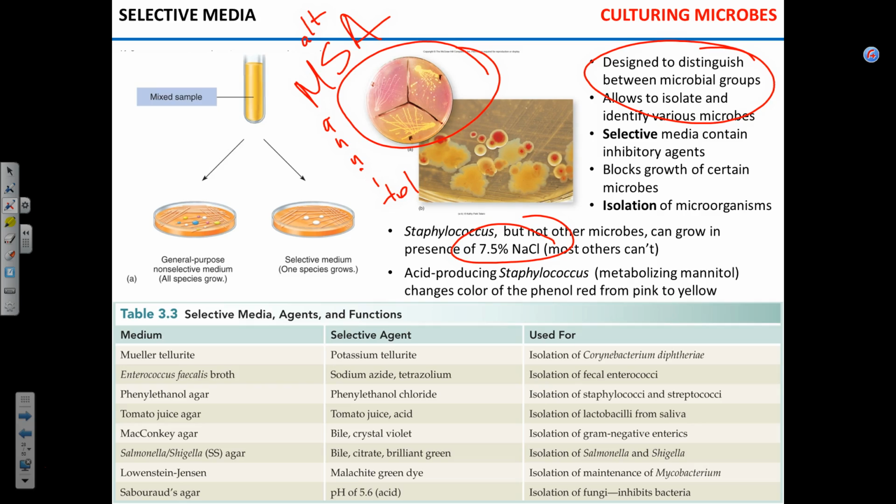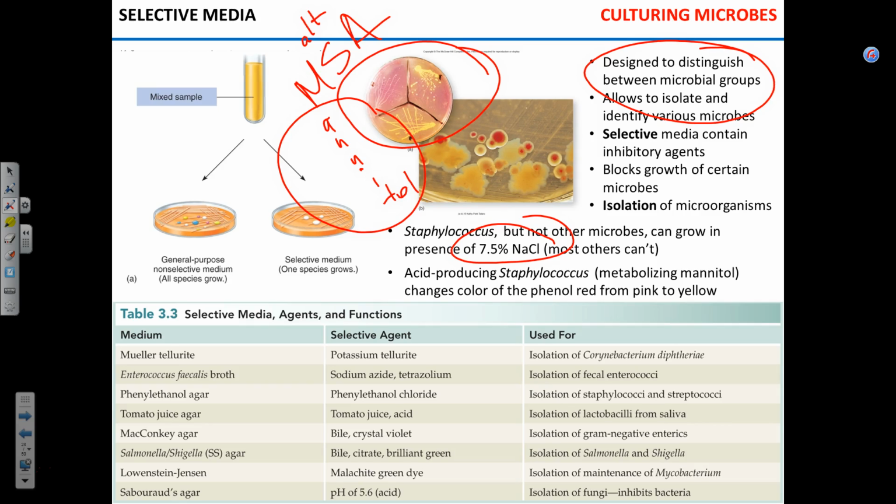Now, what about mannitol? Well, it turns out that some species of Staphylococcus can ferment mannitol. Does anyone remember from biology, 1510, 1200, high school biology, maybe biochemistry? What is the most common product of fermentation? Not the most, but common product of fermentation. Some sort of an acid.